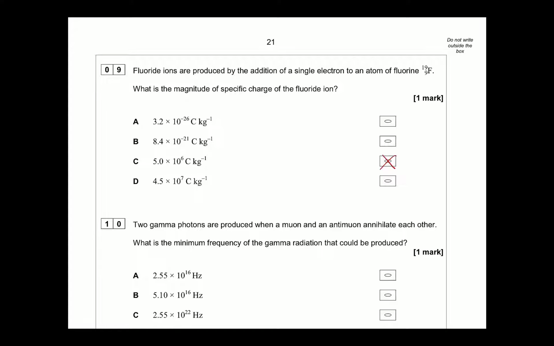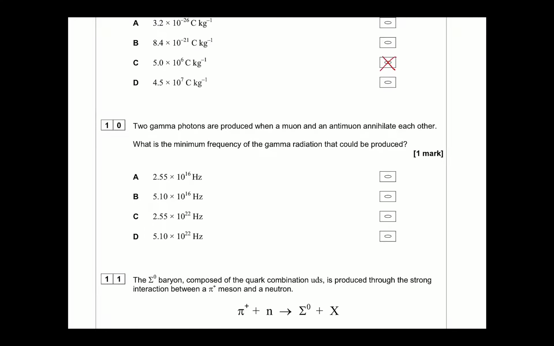Okay, so next up. Two gamma photons are produced when a muon and an anti-muon annihilate each other. What's the minimum frequency of the gamma radiation that could be produced? Okay, what's the mass energy of a muon? 105.69 mega electron volts, so times 1.6 times 10 to the minus 19.